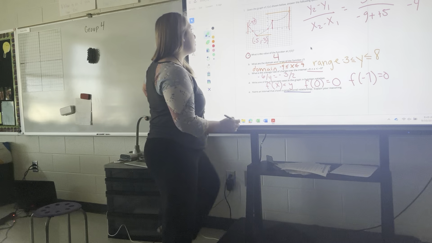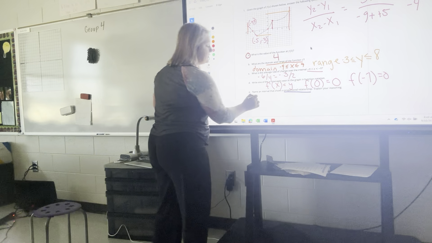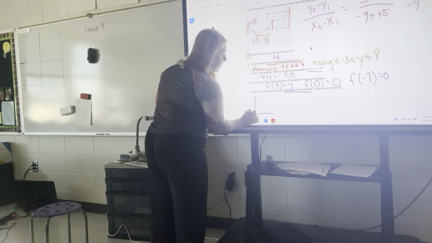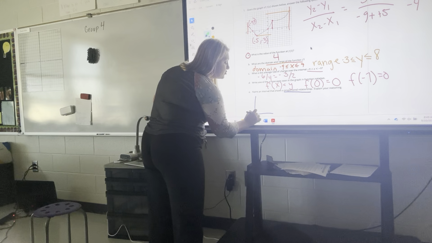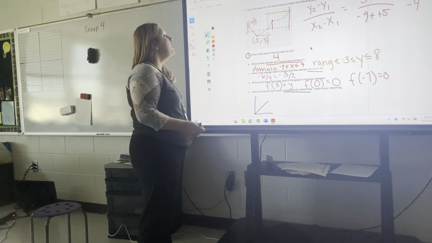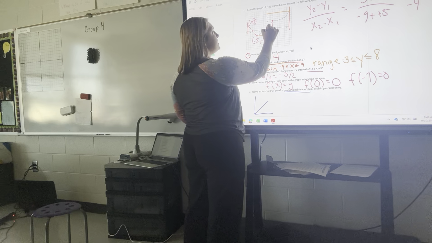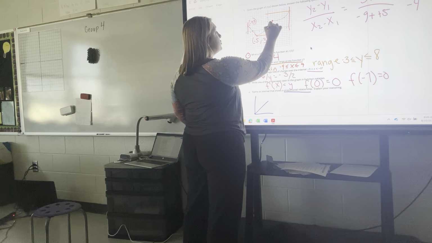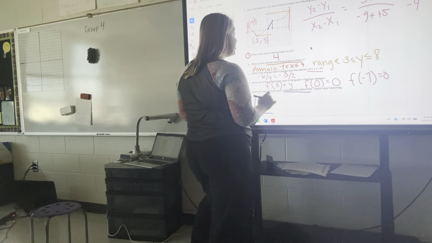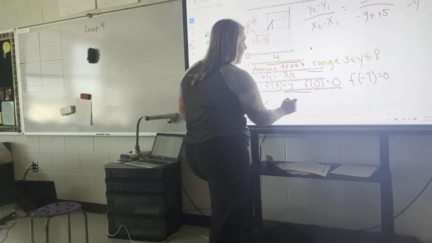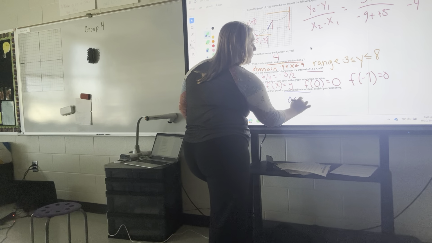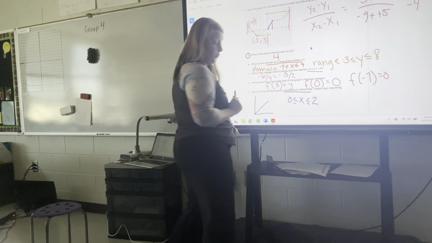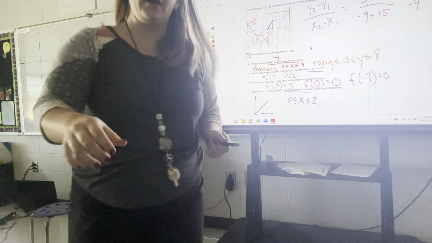Proportional relationships always start at (0, 0), and they're a straight line. So when we look at starting at (0, 0) and a straight line, the proportional relationship that we would see is between x equals 0 and x equals 2. So that would be the answer that you would get.